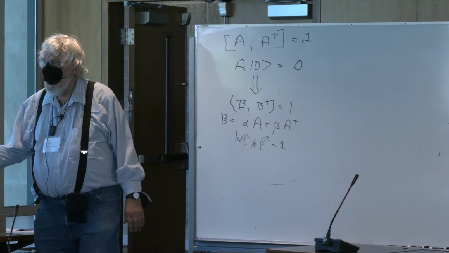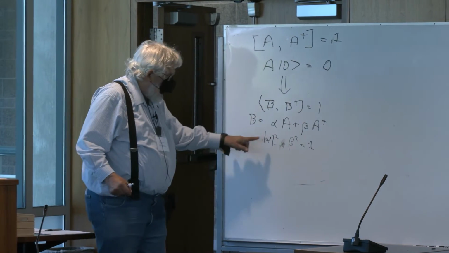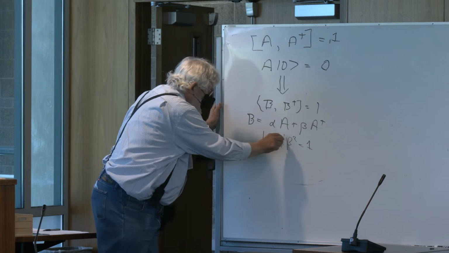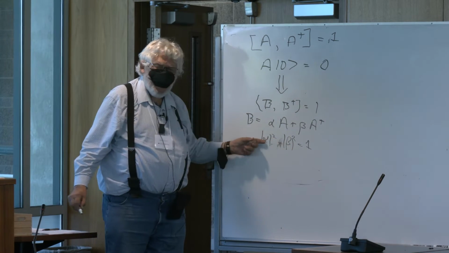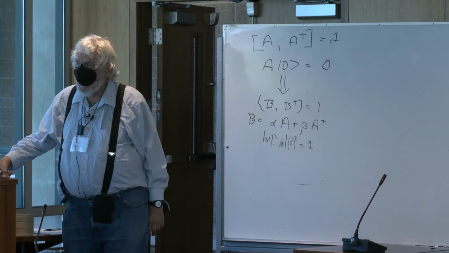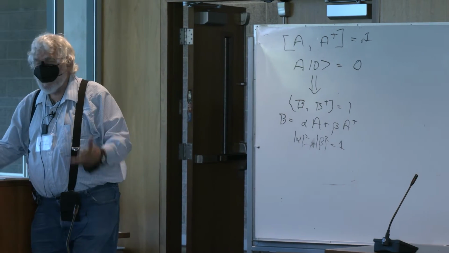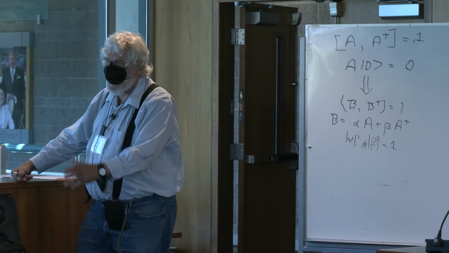Okay? That's the absolute value of beta. This, of course, tells us that I could have chosen alpha and beta to be represented by cosh of r and sinh of r.